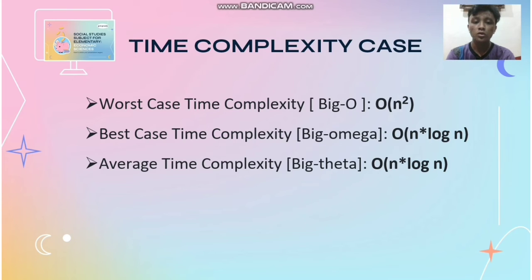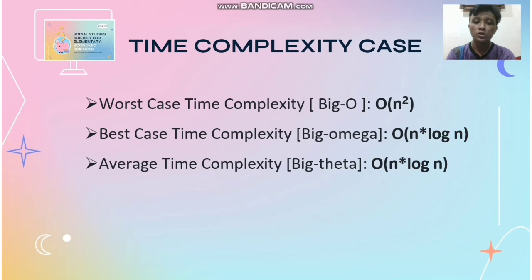Today I will continue presenting my group project slide on time complexity cases for the quicksort. For the time complexity cases, there are three. The first is the worst case, the second is the best case, and the third is the average case.